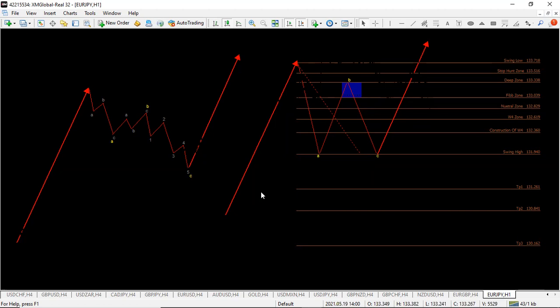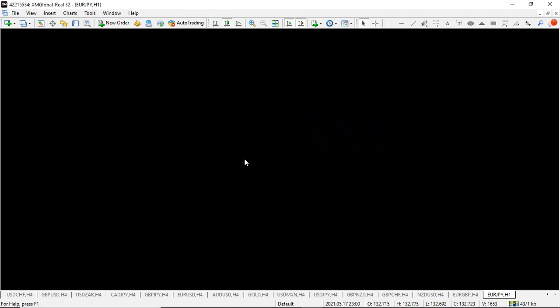So did you get it? So that's the concept for all these flats. For a regular flat. That's your regular flat, this one. Did you get this one? Yes. Okay. It's 3, 3, 5.